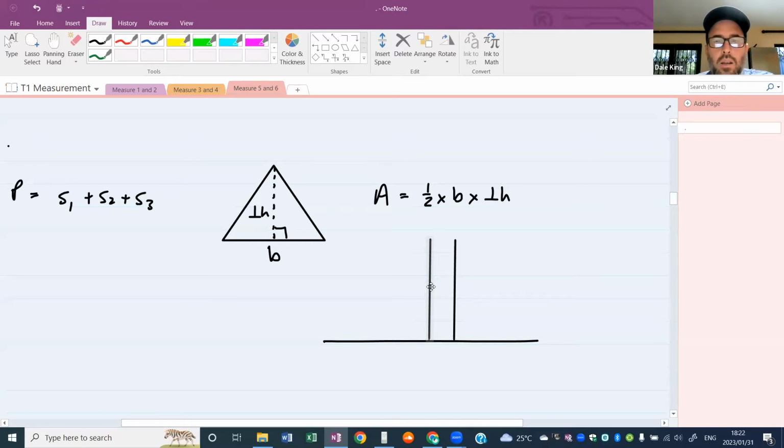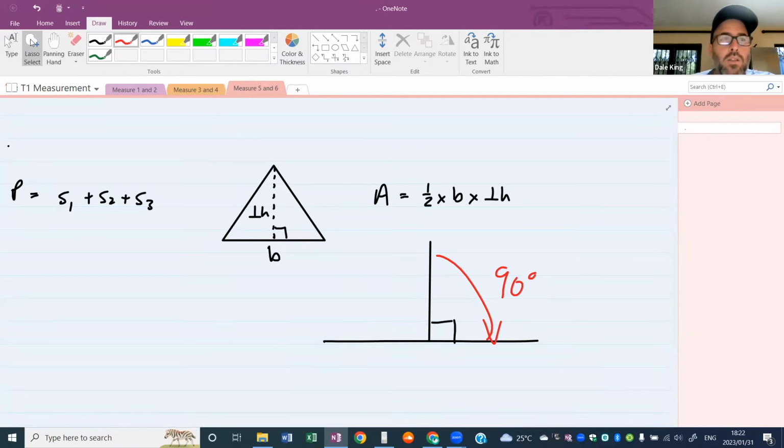So those two lines meet perpendicularly. They're exactly at 90 degrees. And how we know they are 90 degrees is we draw a little box there, which shows that these two lines are perpendicular to each other. This angle here is 90 degrees, so those two lines are called perpendicular lines.